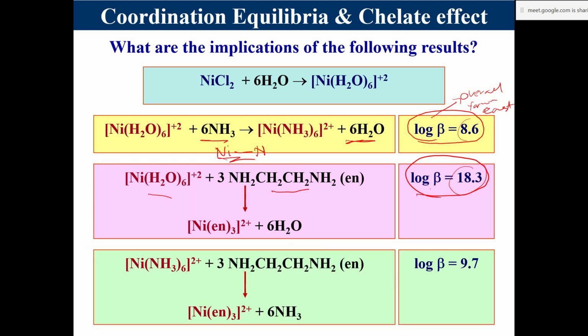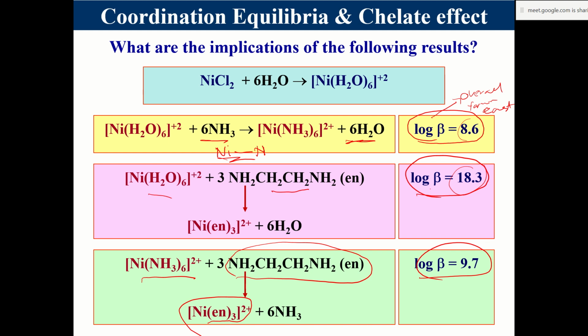Similarly, if you take the nickel amine complex and add ethylene diamine, it happens spontaneously: you will see that the ethylene diamine 3 complex is formed, and the beta is this. That is, ethylene diamine forms a stronger complex.